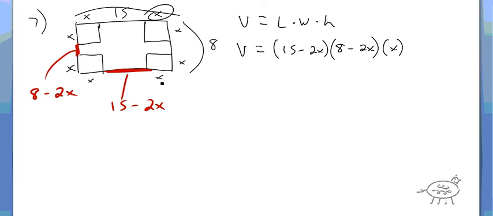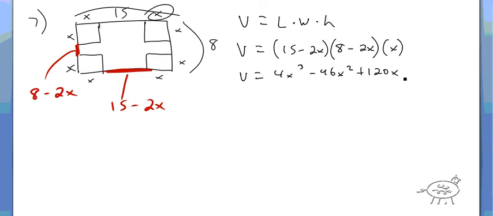All right, and then if I multiply all this out, I'm just going to spare you the algebra here. You guys can do that, but you get 4x cubed minus 46x squared plus 120x.